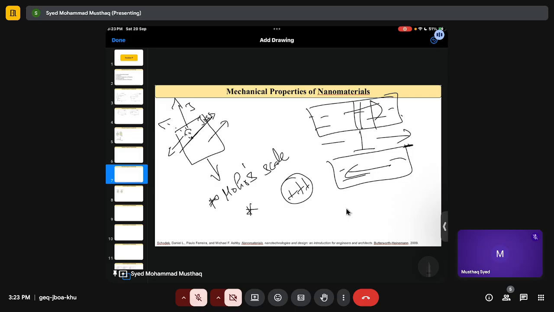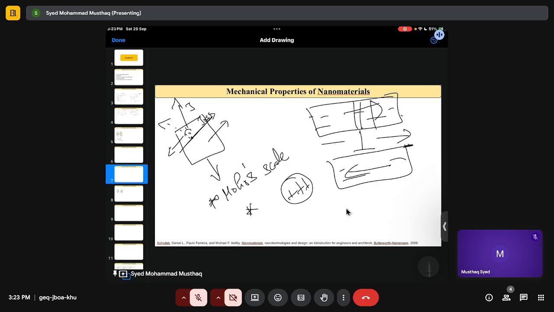If you have a nanoparticle, how can you accommodate a dislocation? Even if you have a nanorod or a CNT, how can you accommodate a dislocation? Because it is a thin sheet coiled around, which is called a CNT. So you cannot accommodate defects there because they already have a very high amount of surface energy. These defects cannot be sustained there.